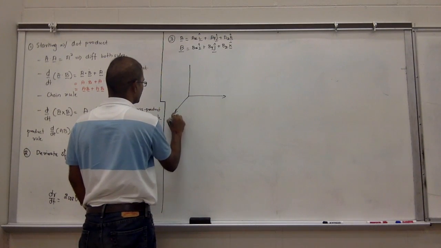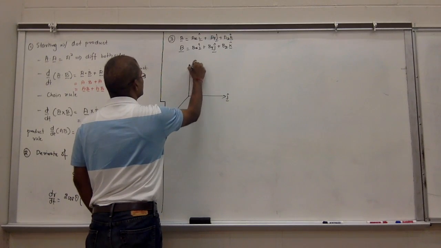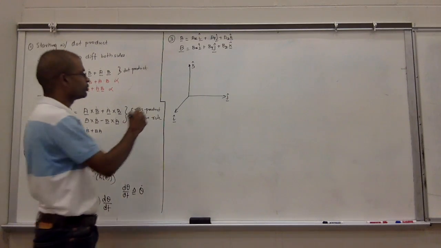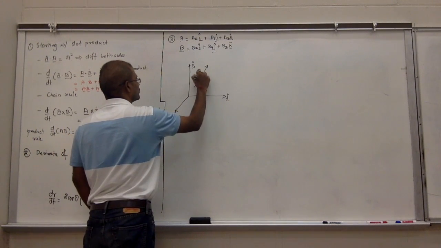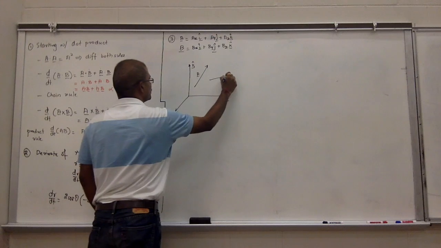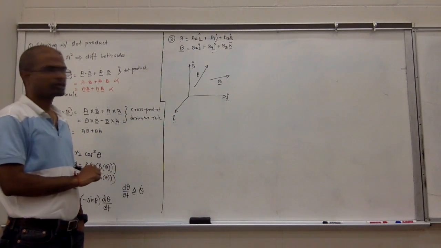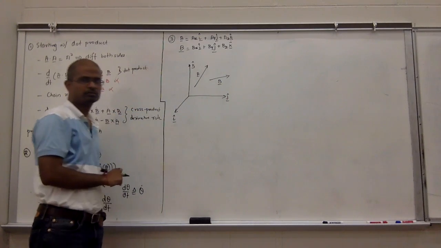This is your I, J, and K. This is the basis in which, let's say, your vector A is here, and vector B is here. These both are coordinatized in this frame.